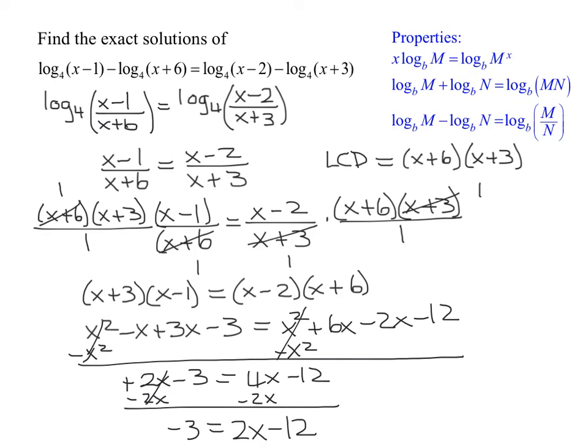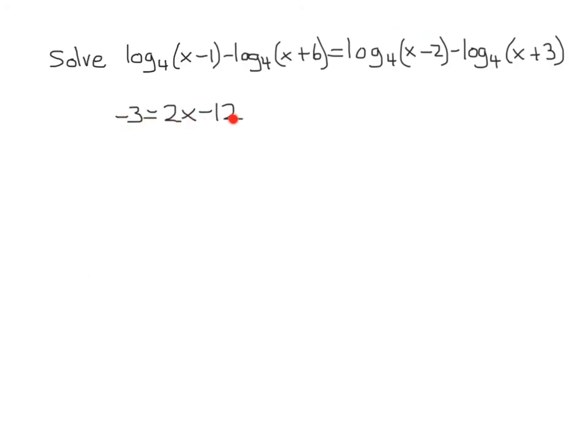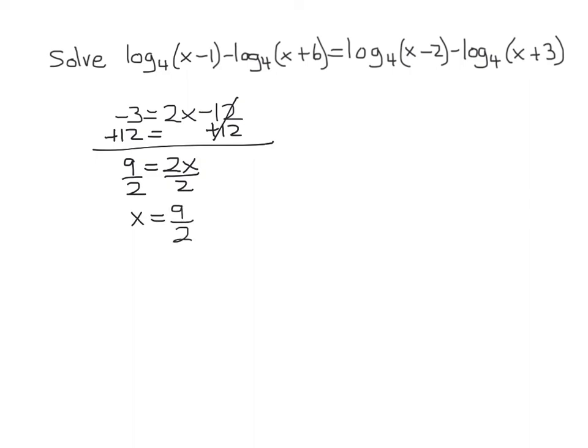I'm running out of room, so I need to go to the next slide. This is where I got to on the previous slide. Negative 3 equals 2x minus 12. So I need to add 12 to both sides. Negative 3 plus 12 is 9 equals 2x. Then divide both sides by 2, so I get x equals 9 over 2.